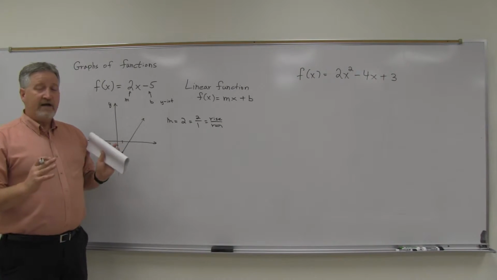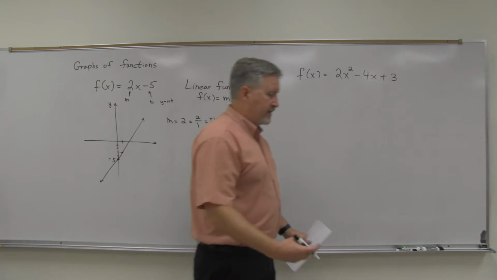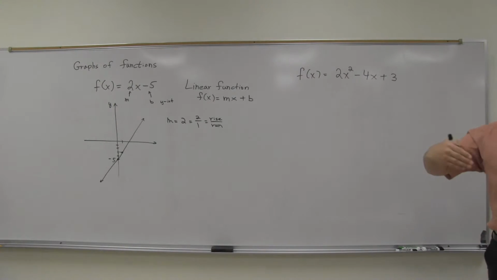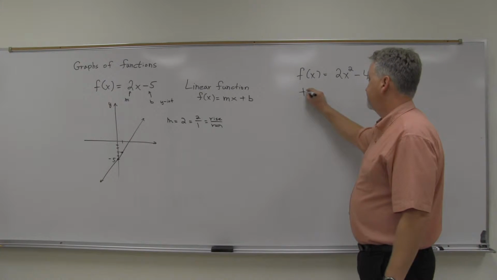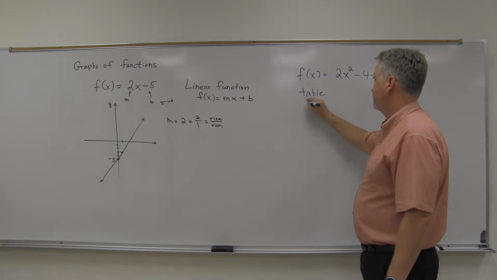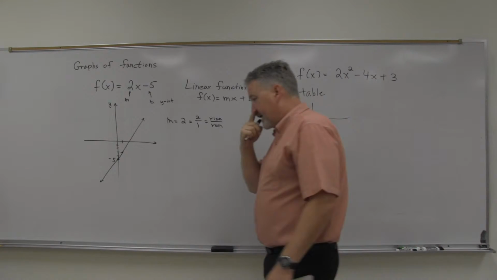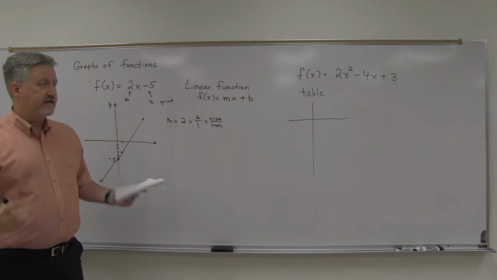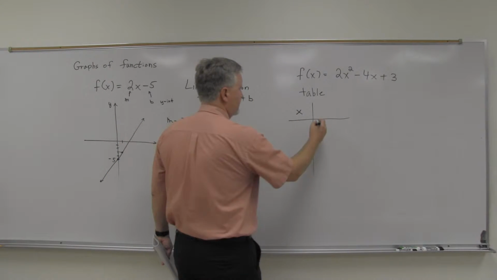But for right now, since I don't know what the shape is, one thing we talked about before was we could use a table to graph this. If we don't know exactly what's going on as far as shape goes, a table always comes in handy. So let's just do a table, x and y values.